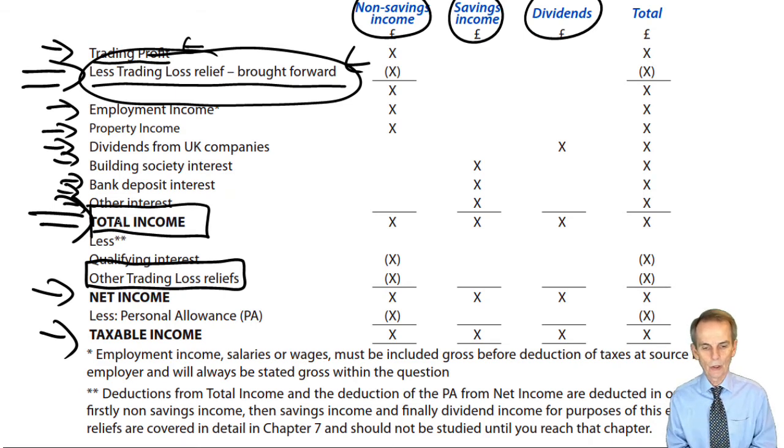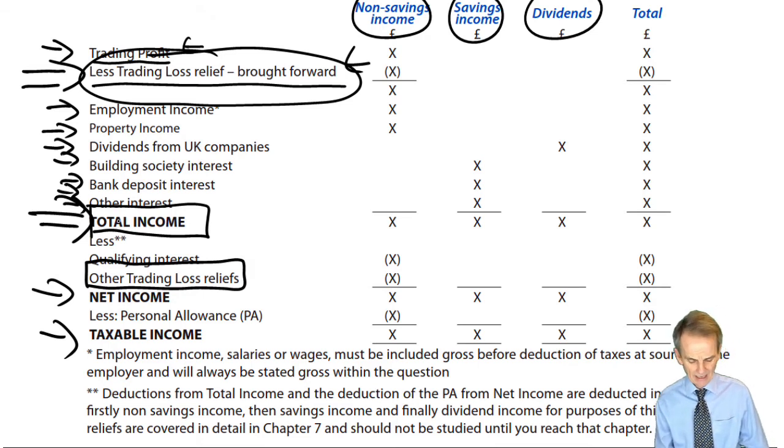But if you wanted to, as certainly in any exam question you will be wanted to, use that loss sooner rather than later, then we have the current tax year and or the preceding tax year. That's where this deduction from total income applies.